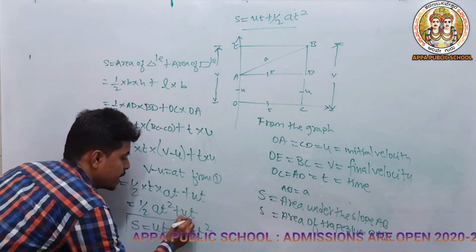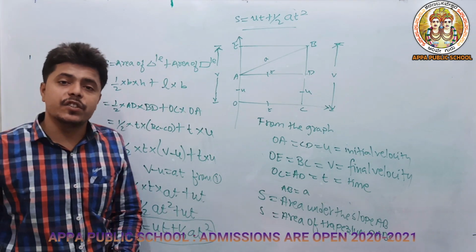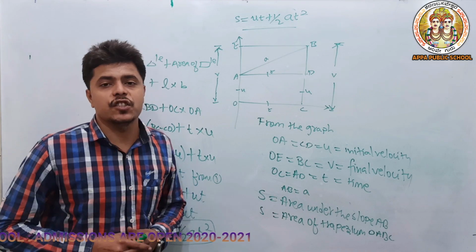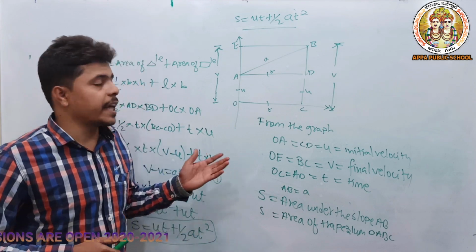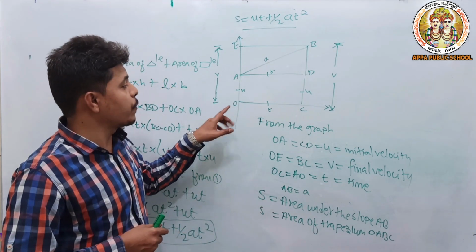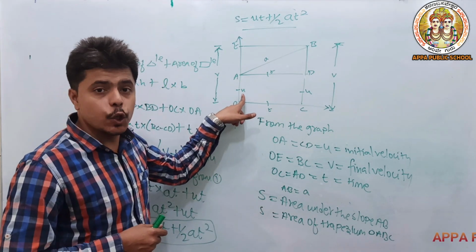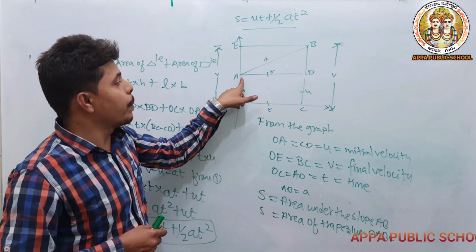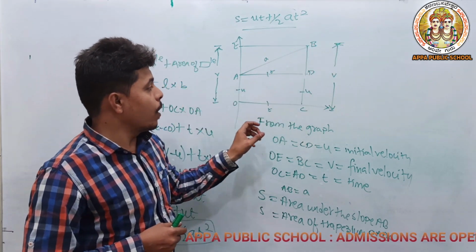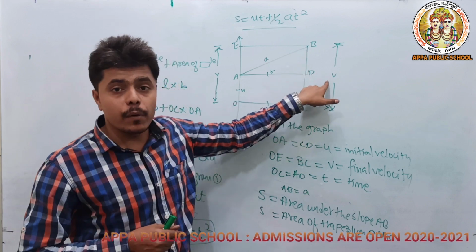So this is the second equation of motion, the position-time relation, which we derived by the graphical method. First we drew the graph. OA is the initial velocity u meter per second, and then the body starts to move with a uniform acceleration AB, and BC is the final velocity.